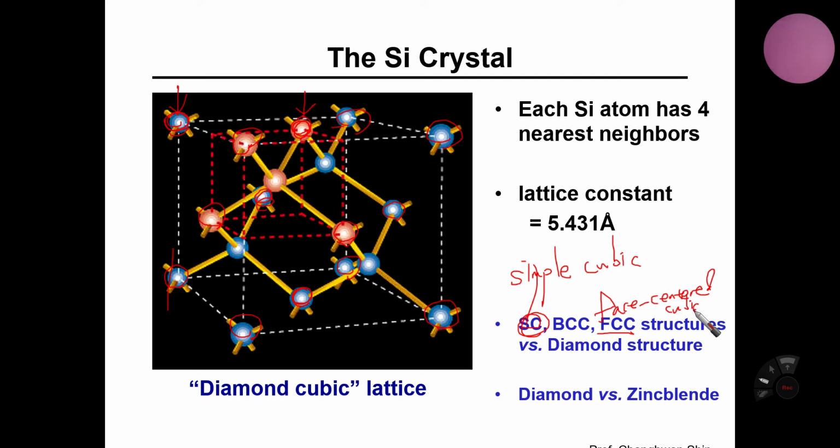Unfortunately, the crystalline silicon material used for DRAM, NAND flash, and CPU doesn't have this type of material system, FCC. Okay, it has a more complicated system.